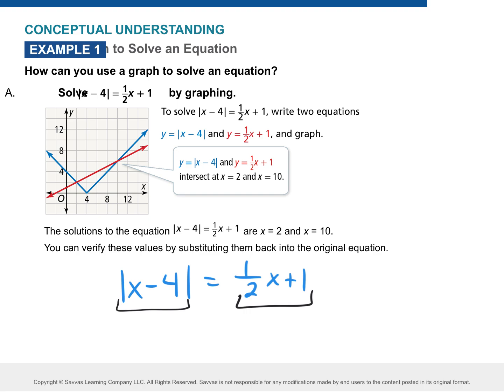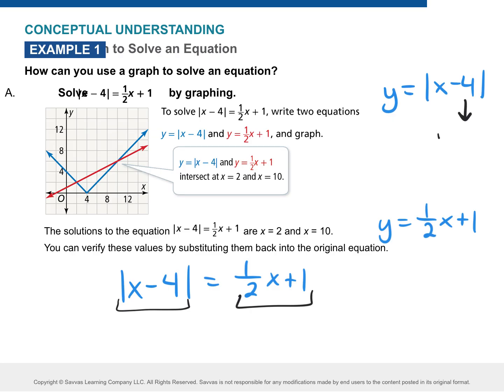This one turns into y equals the absolute value of x minus 4. This one I'm going to write as y equals 1/2 x plus 1. All I did was split them up into two different equations. What is this minus 4 telling us about the absolute value function?